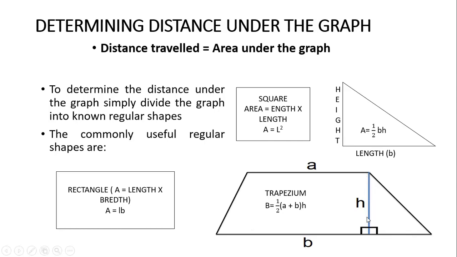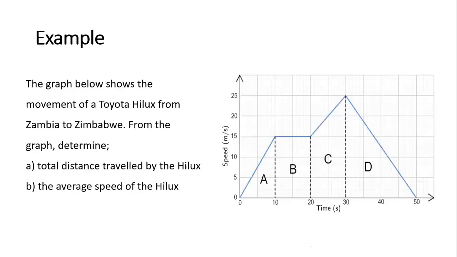It will be called the height. So the formula will be area is equals to half, open brackets, A plus B, close brackets, H. So once you know how to come up with these shapes, then determining the distance under the graph will be simple and straightforward.